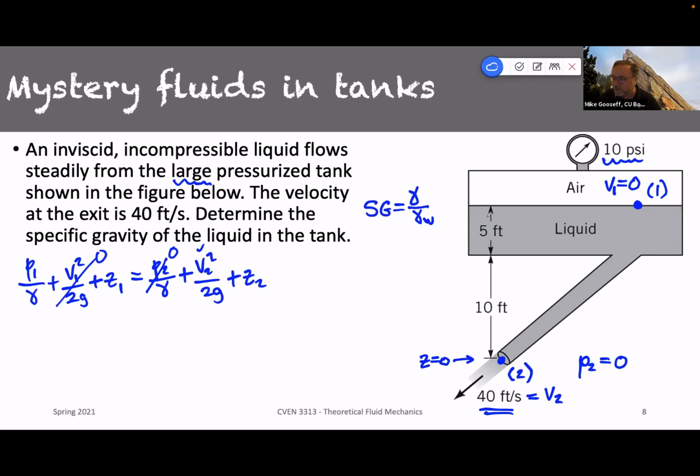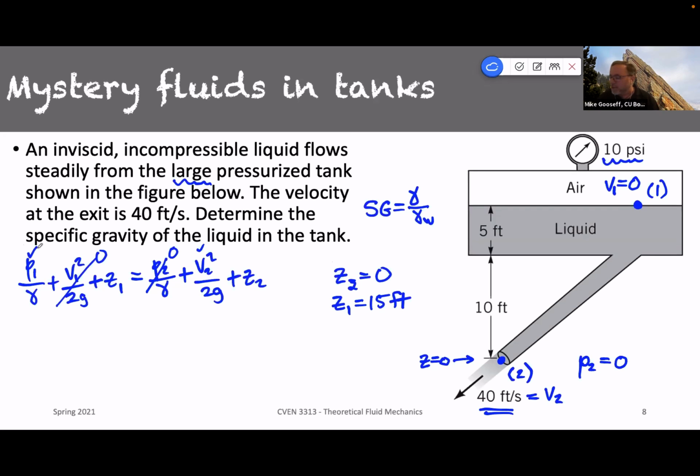It's 10 feet plus 5 feet. The other reason to use the top of that liquid-air interface inside the tank is that we know something about Z at that location. So Z2 will be equal to 0, but Z1 will be equal to 15 feet. If I look at my equation now, the other thing that I know is I'm basically given a P1, right?